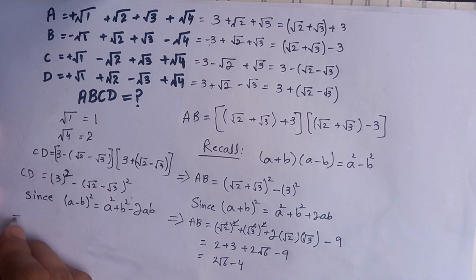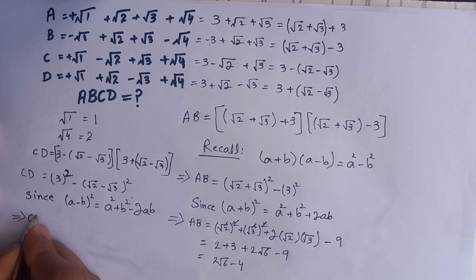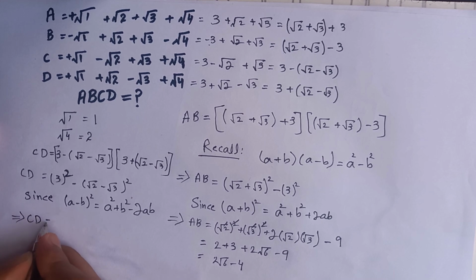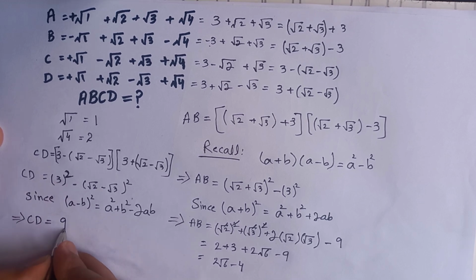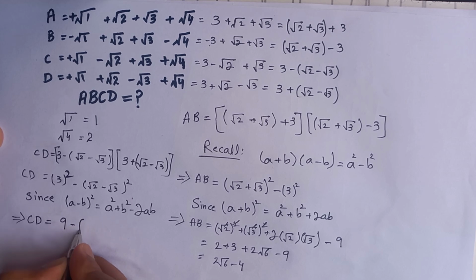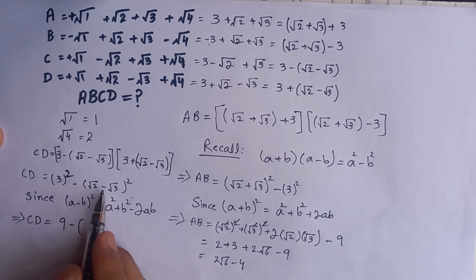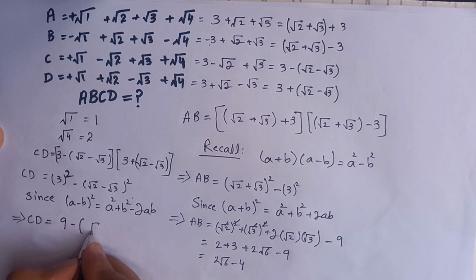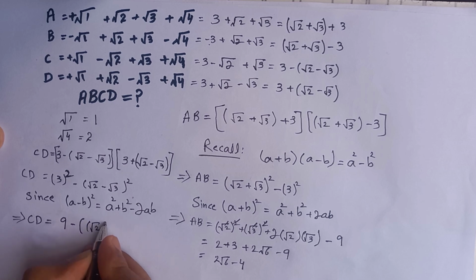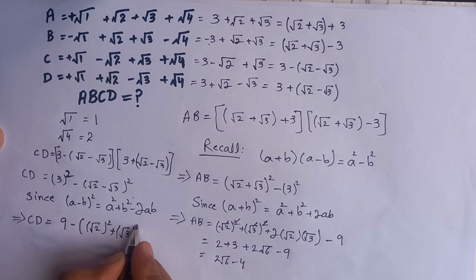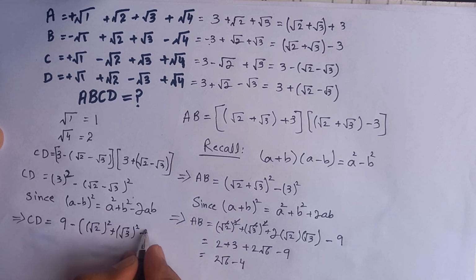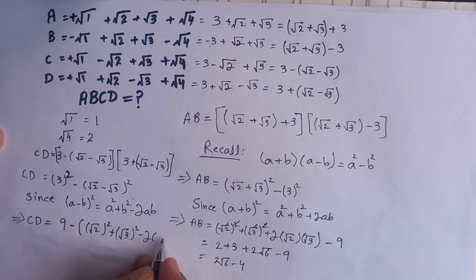So the product cd is equal to 3 square, which is 9, minus square root 2 square plus square root 3 square minus 2 times square root 2 times square root 3.